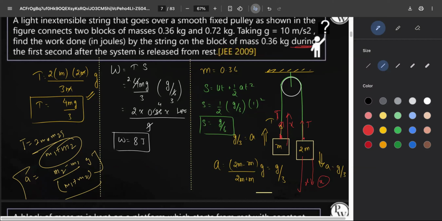Just think of it once. Look, most of the solution is already given. You just need to think: is it the complete solution, or is something left that we need to do?